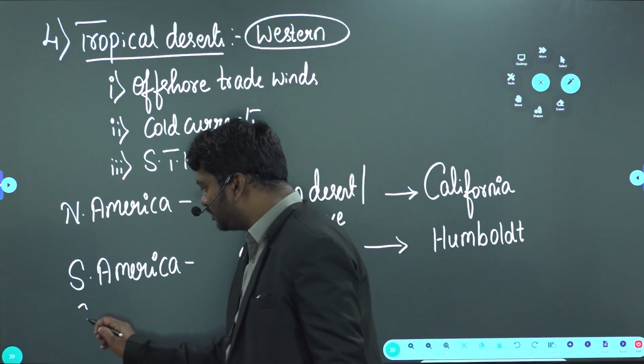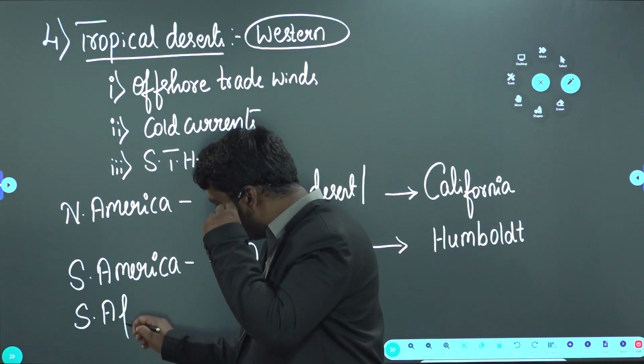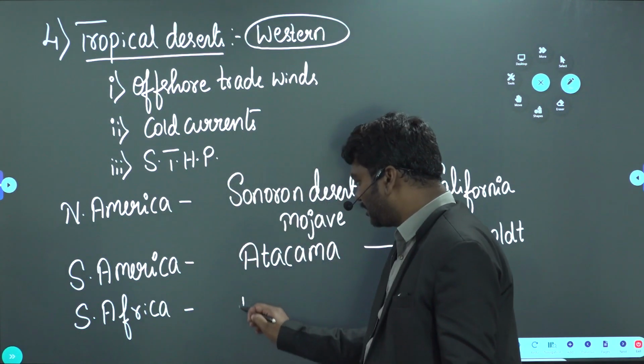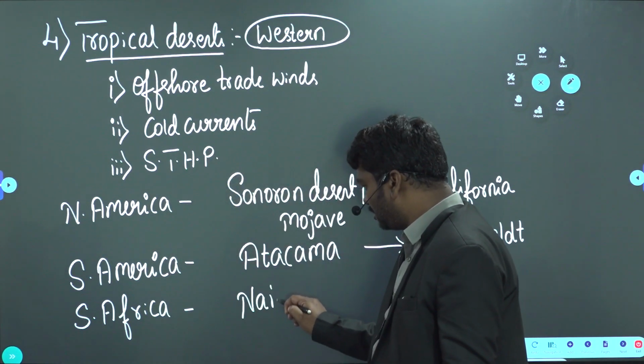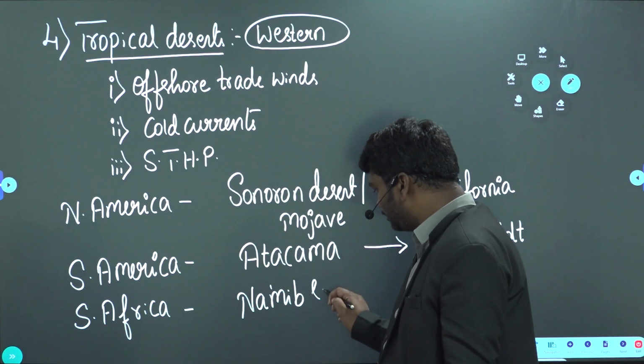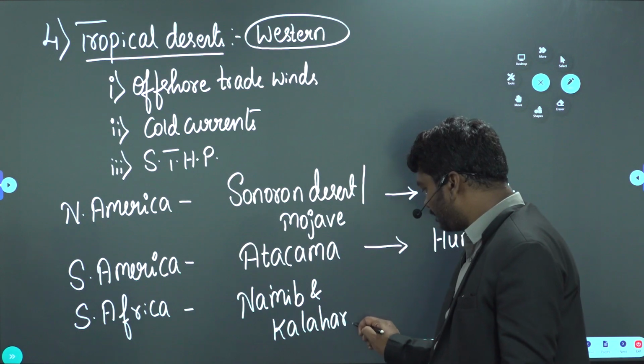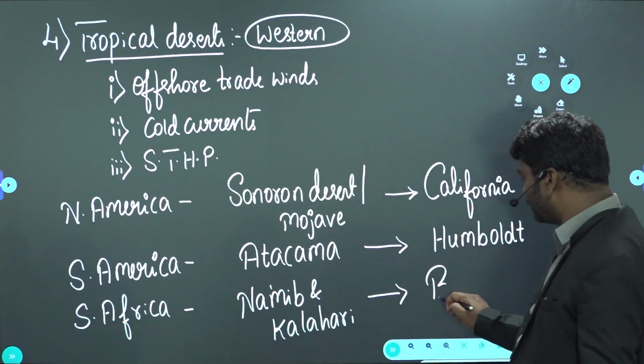Can you tell South Africa? Which is the desert present? Namib, Kalahari. Which is the cold current present?